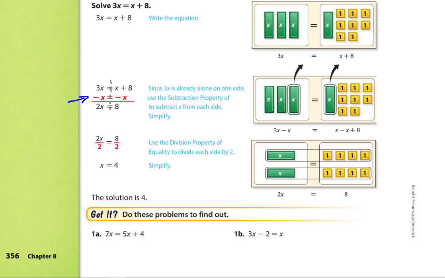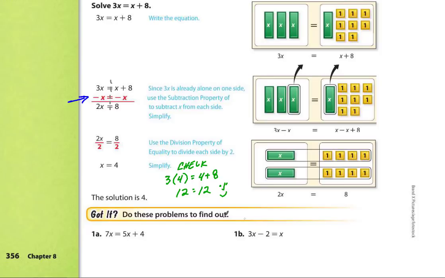So the last thing we're going to do is check our work, and see if we like that answer of 4, because they didn't check their work. And when you check, you would go back and say, all right, is 3 times 4 equal to 4 plus 8? Well, 3 times 4 is 12, yay. 4 plus 8 is 12, yay. And we've done this problem correctly.